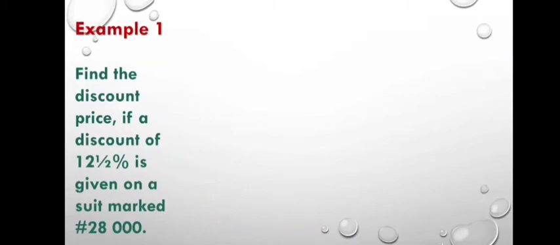So discount is calculated like this. We have 12.5%, so it converts to improper fraction, and that gives you 12 times 2 plus 1, which is 25 over 2.